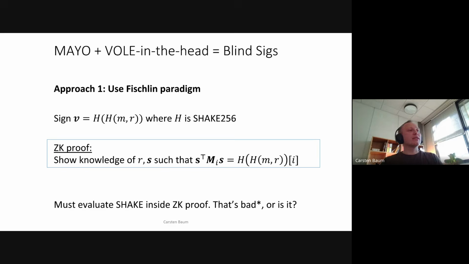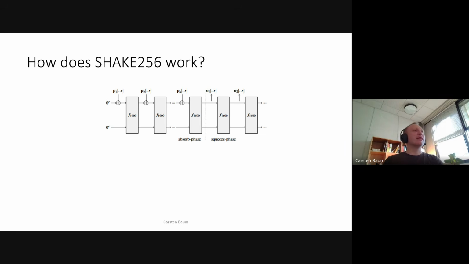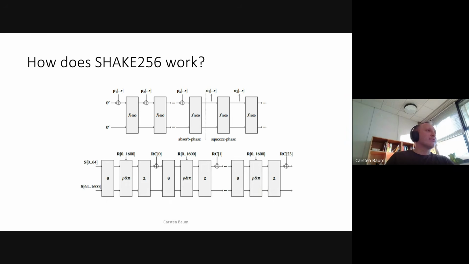But it turns out that with some massaging, and with the fact that we use VOLE-in-the-head, this is very ZK-friendly. In the same way as with AES, we looked at how SHAKE works, and SHAKE works by basically applying a permutation a few times.